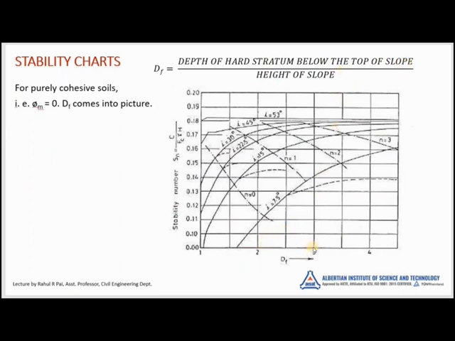So for various slope angles you find the depth factor, and for that particular depth factor, from this graph you find the stability number, and then from that you can get the factor of safety. The method is the same as we found from the previous chart, but this is for purely cohesive soil.